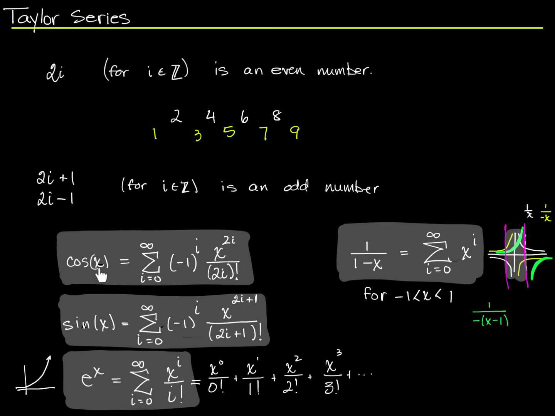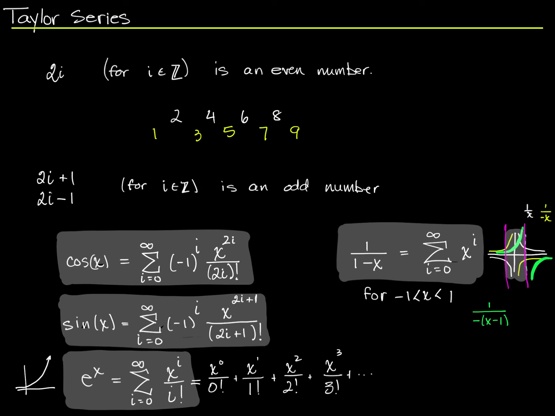Equally, if I replace x with 0, or 2 pi, or 3 pi over 5, or any other value of x, this equality is going to hold. The same is true for the sine and e to the x. It's not true for this one. It's only true for x values between -1 and 1, and not including -1 or 1.